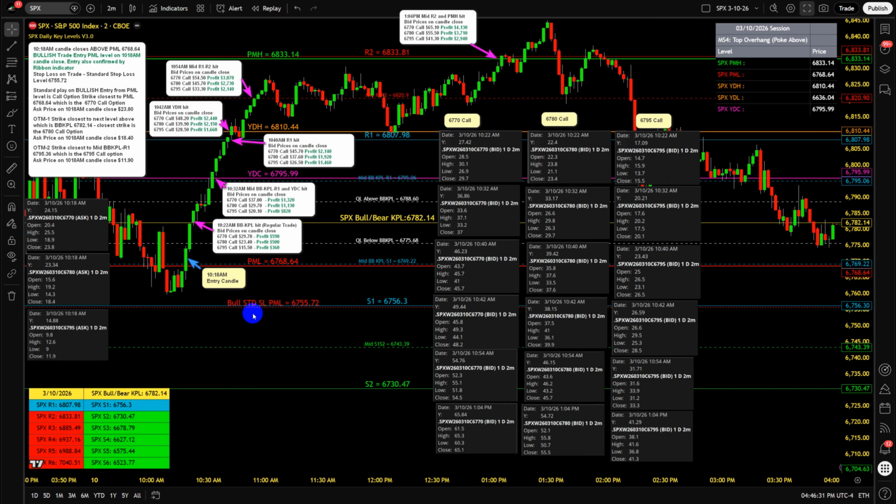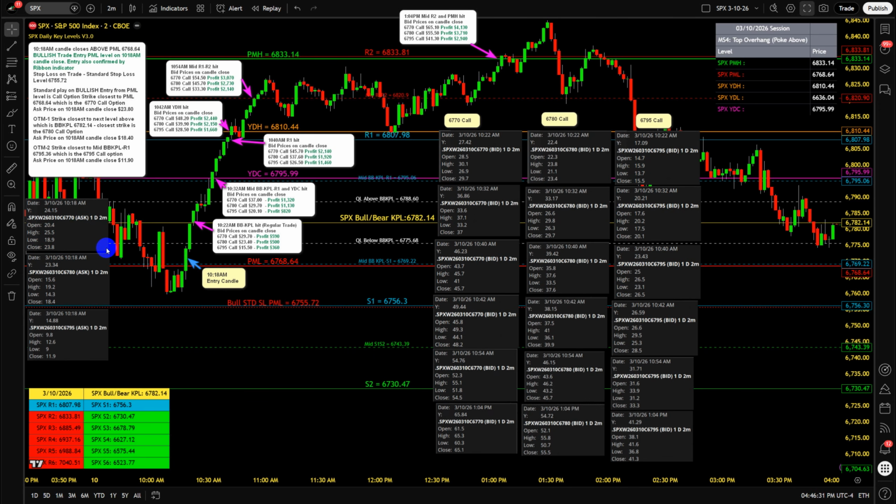Okay, so the standard play is the strike that is closest to the level you're taking the trade from. In this case, the PML 67.68.64. So that is going to be the 67.70 call option. We have the ask prices on the candle close. We're on a 2-minute chart.